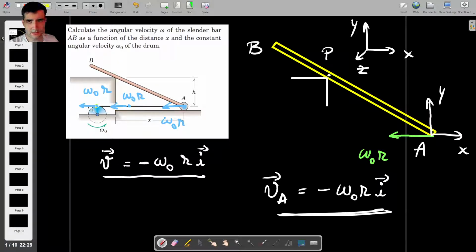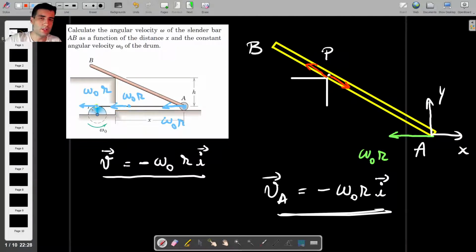Which means that the velocity of point P has to be in either this direction or this direction, right?